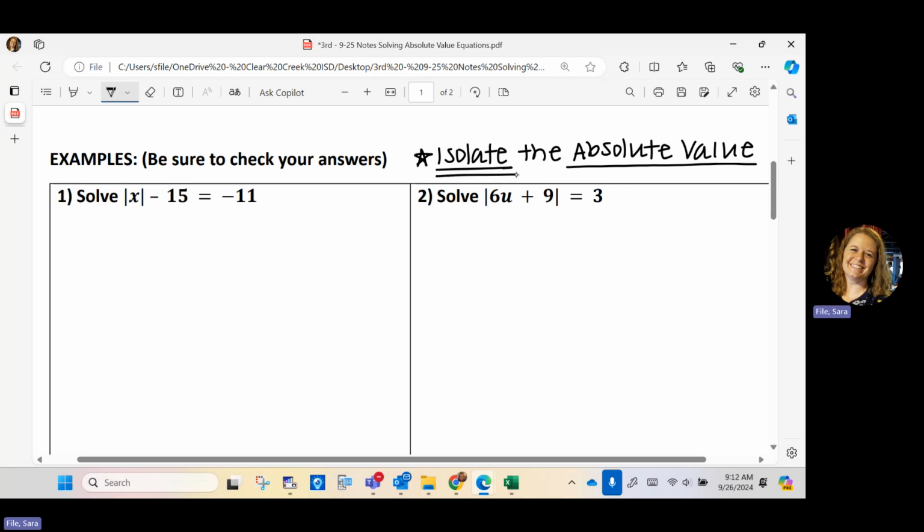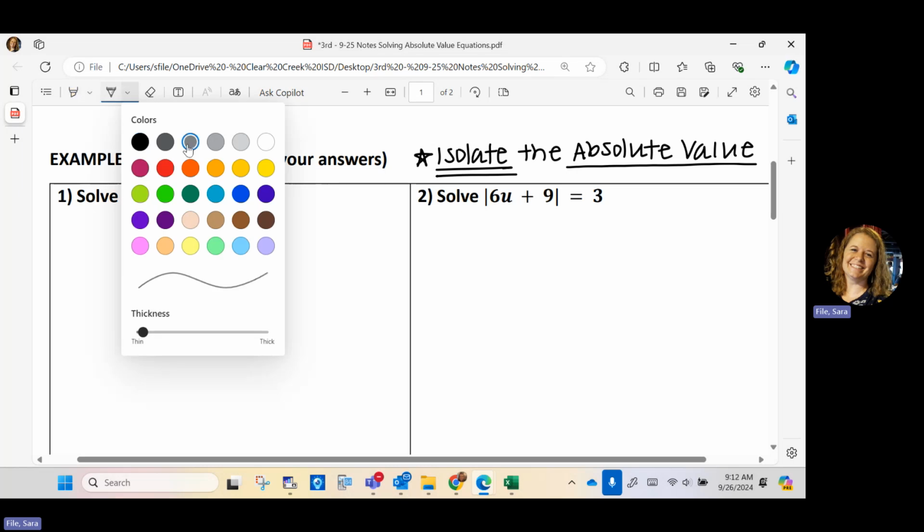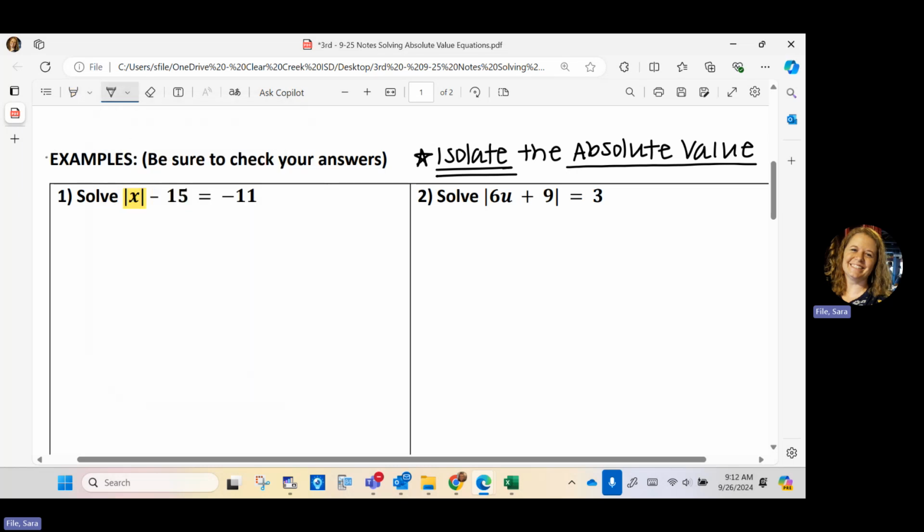Okay. So in number 1, what I'm trying to isolate is this term, absolute value of x. When I say isolate, I mean move anything else to the other side of the equation. If you need to draw the line down to separate the left and right side, draw that line. How am I going to move that minus 15 to the other side?